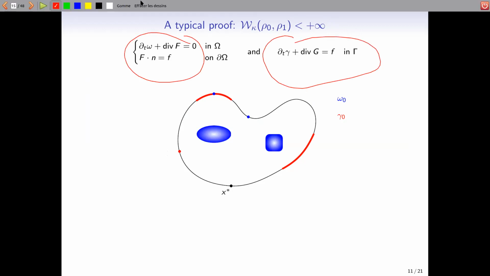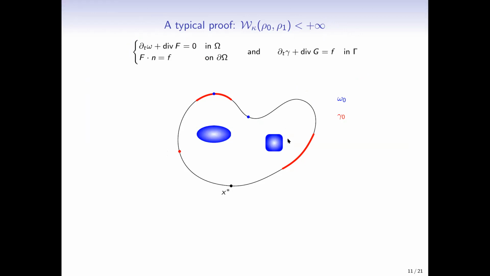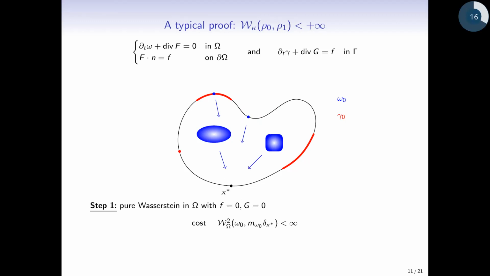So the situation could be as follows. I have blue cars somewhere spread inside the city, possibly also here on the road, okay? And I have red cars that are already on the road. So what I can do is pick any point x star on the boundary here. Then as a first step, what I can do is use pure mass conservative optimal transport in the city only.